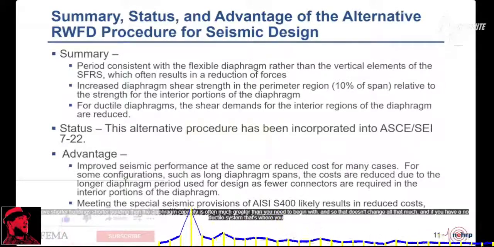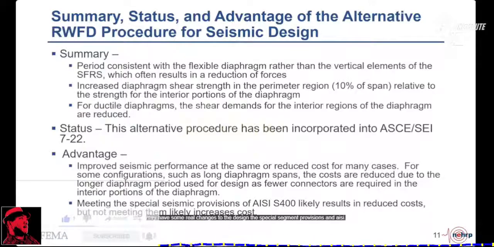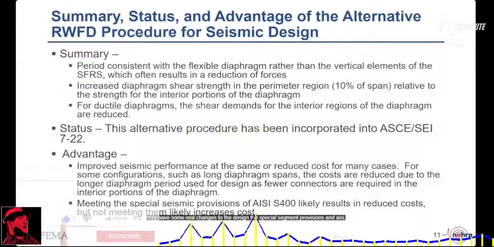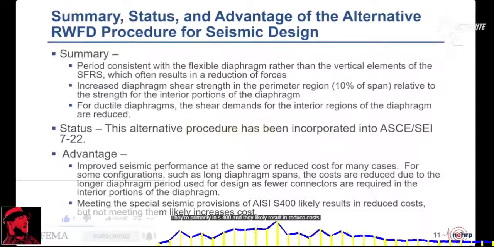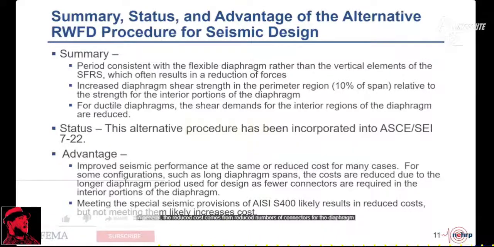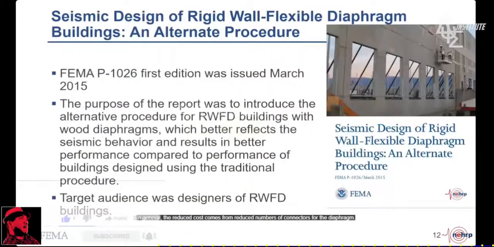If you have a non-ductile system, that's where you may have some real changes to the design. The special seismic provisions in AISI, primarily in S400, likely result in reduced costs in general, and the reduced cost comes from reduced numbers of connectors for the diaphragm.